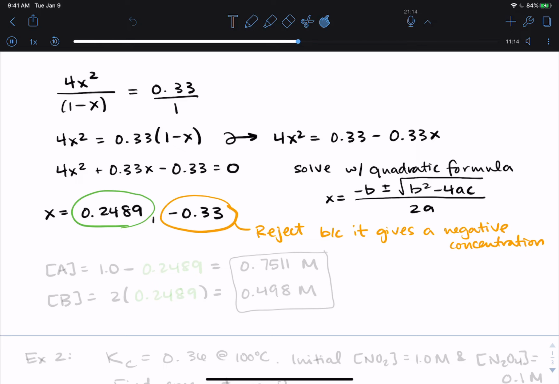I still need to go plug it into the equilibrium row to find my equilibrium concentrations, right? At equilibrium, A is 1 minus X, so 1 minus 0.2489, and the concentration of B is 2 times X, so 2 times 0.2489.